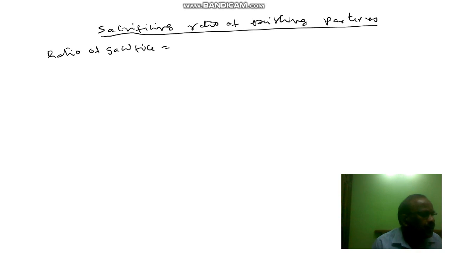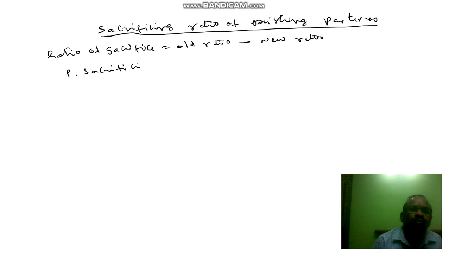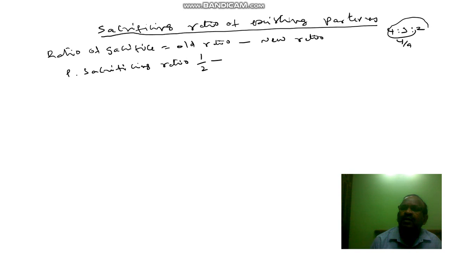The ratio of sacrifice is equal to old profit ratio minus new ratio. So here P's sacrificing ratio: the old partners were sharing profits and losses equally, that's why their ratio is 1 by 2, and the new ratio is 4 is to 3 is to 2, so 4 by 9 is to 3 by 9 is to 2 by 9.